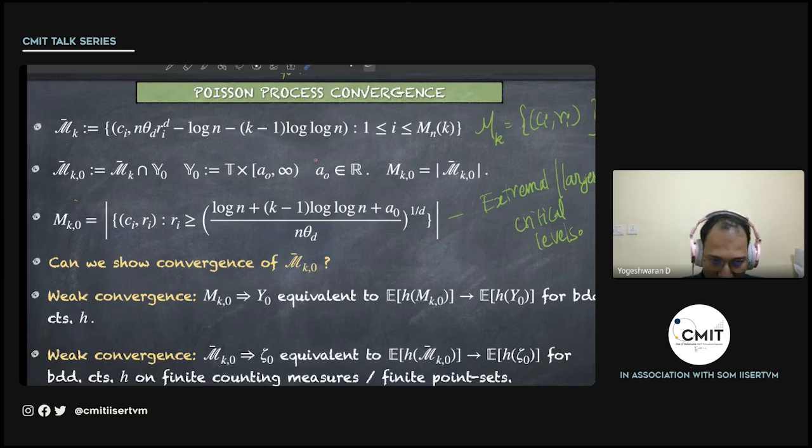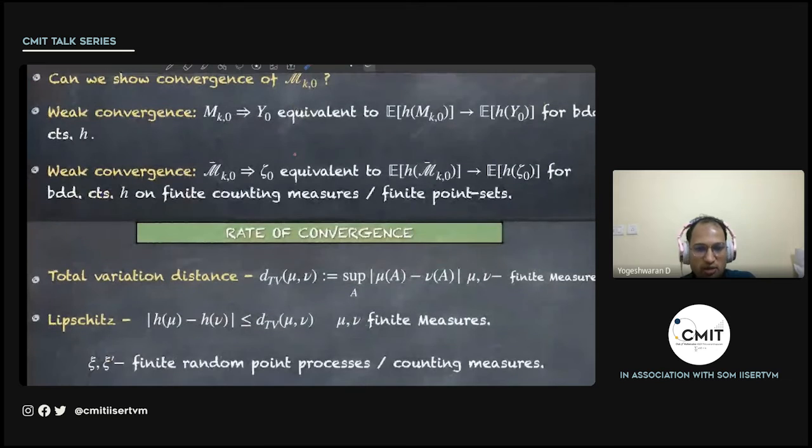Okay, this is weak convergence. So we have made sense that showing convergence of this object of critical points and scaled critical levels is meaningful. If you have a critical level, you scale it appropriately and consider it with the critical point. As I said, a job of a probabilist is to compute probabilities.